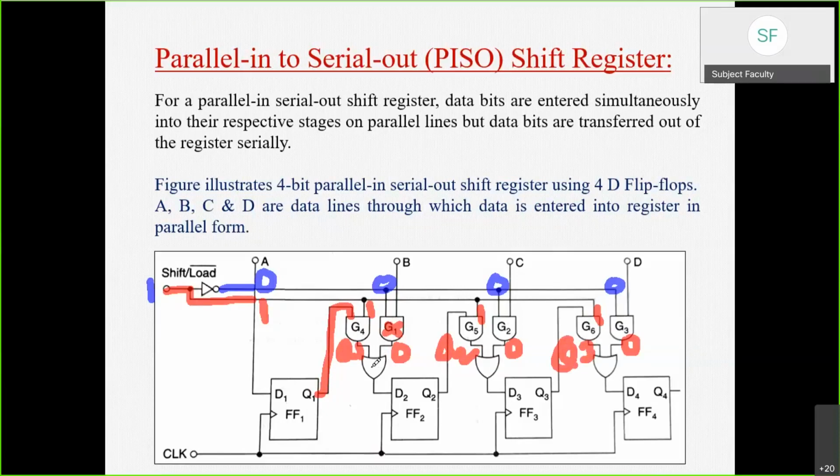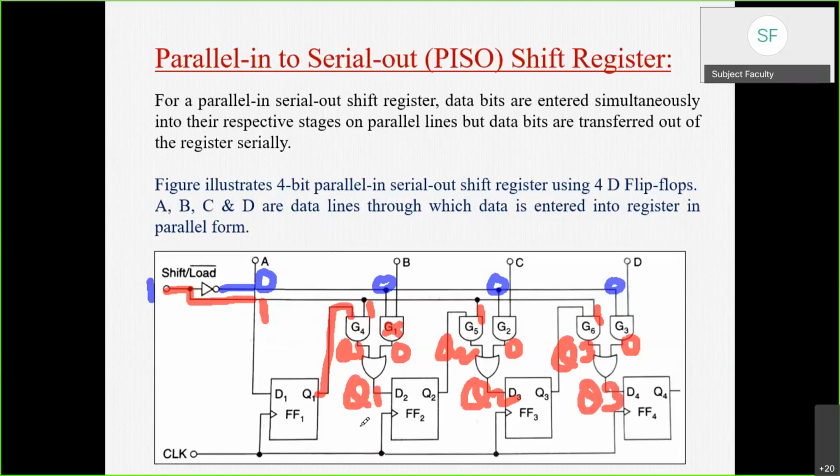Okay. Now if you observe, the inputs to this OR gate become 0 and Q1. So again Q1 will be the output. Here also Q2 will be the output. Logic is same. Again Q3 will be the output. So now you can observe that Q1 is nothing but D2.